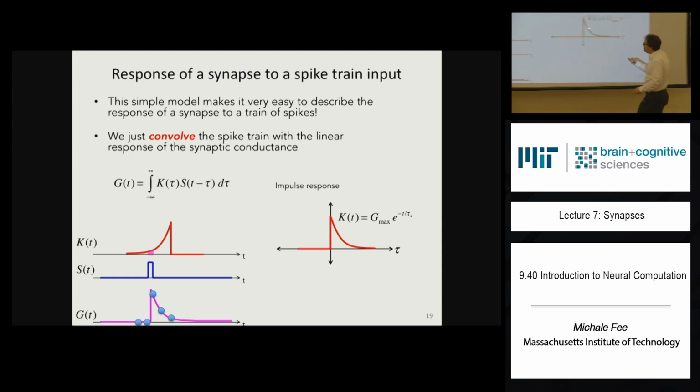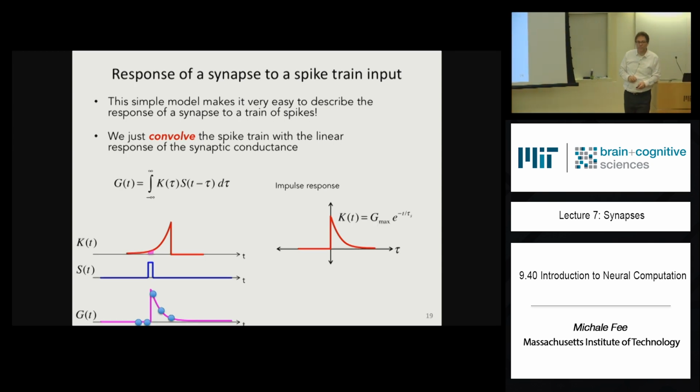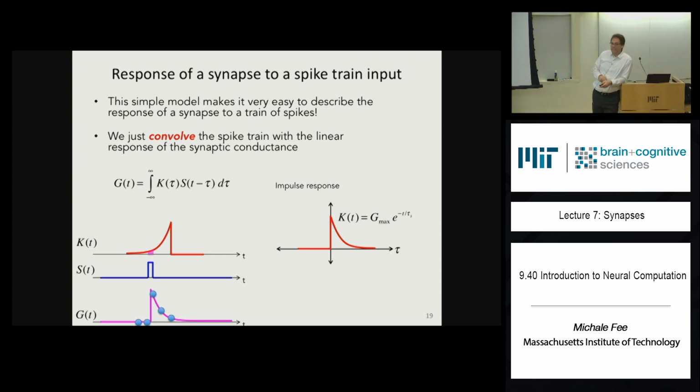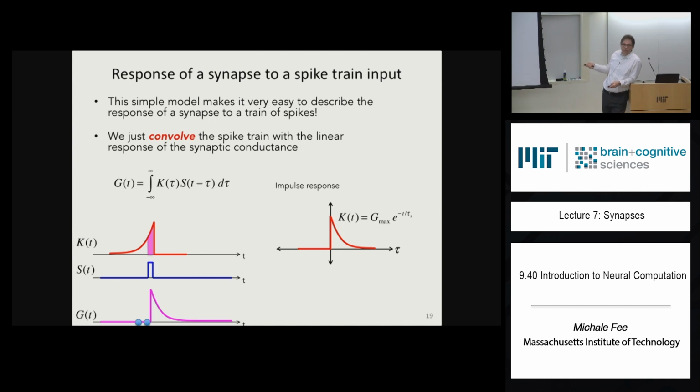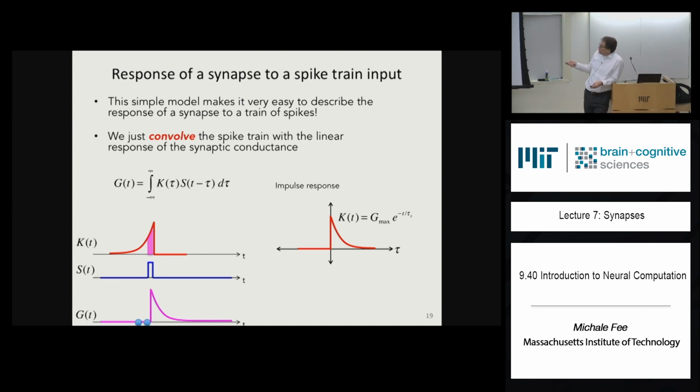Okay, and that's why you flip it over. So it's very easy to picture what it does. So when somebody shows you a linear kernel and asks you to convolve it with a stimulus, the first thing you do is you just mentally flip it backwards and slide it over the stimulus and integrate the product at each different position. Okay?